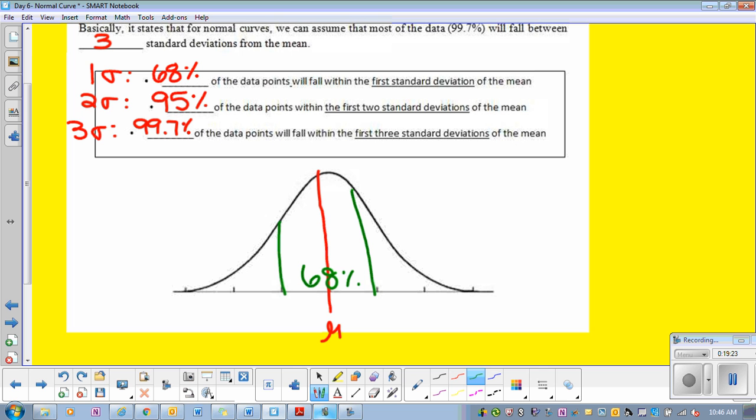That's what this empirical rule is saying. Now, 2 standard deviations. Well, then now you're at 95% of your data, which makes sense. That's more of this curve that the space is taken up, right?